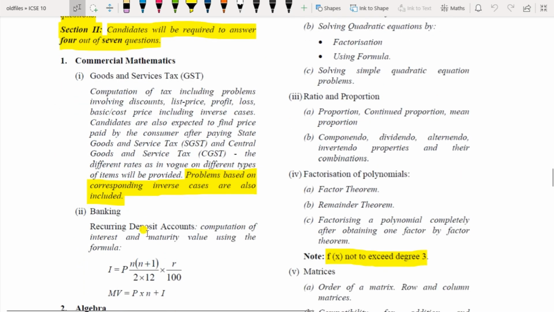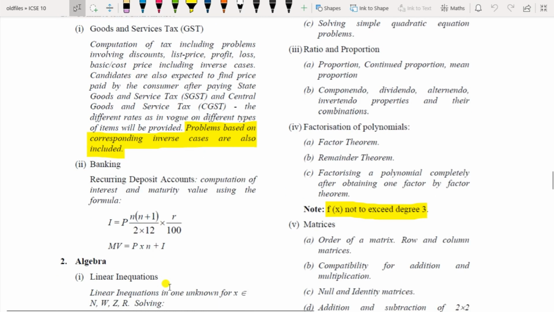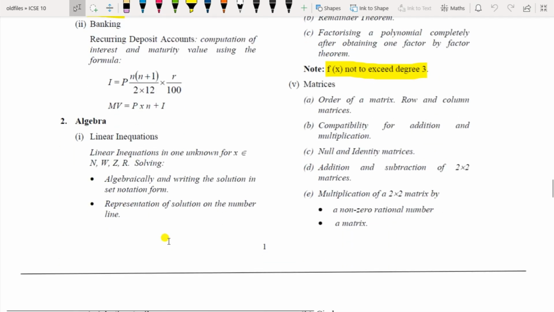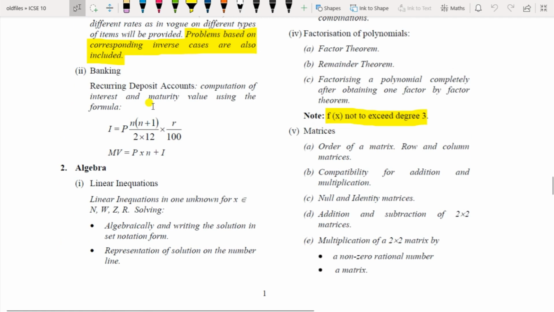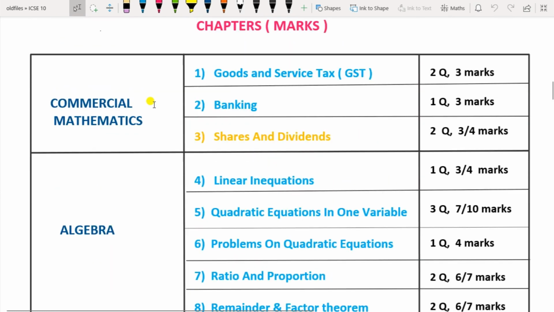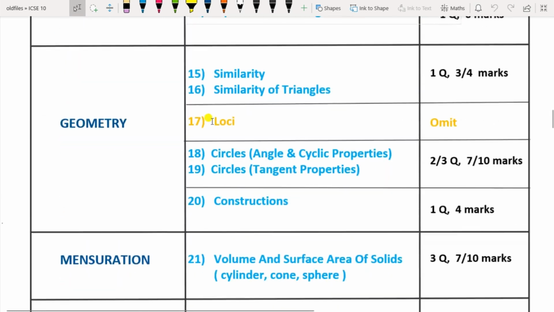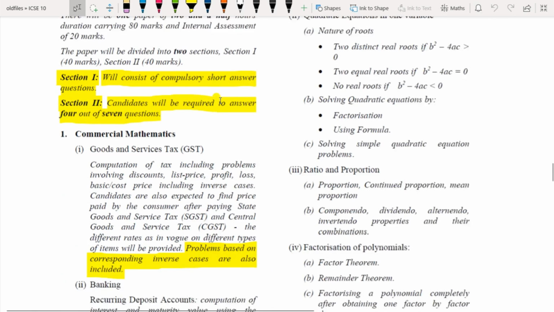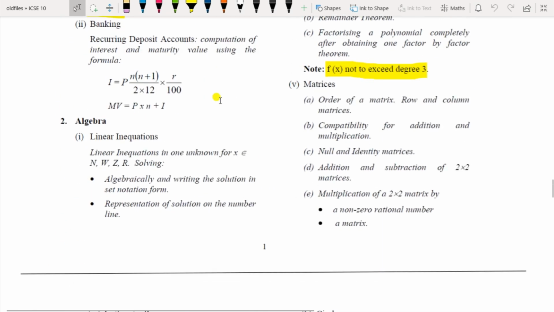So this is commercial mathematics, GST, banking, okay. What can be asked, you can go through this. Then there is algebra, okay. Here lesson 3 has been omitted after banking. Which lesson was there after banking? It was shares and dividend, so that lesson is omitted for 2022.